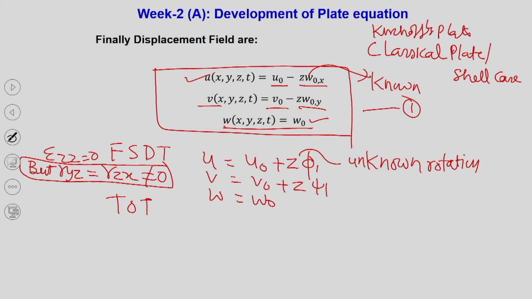So, if you have this kind of condition, then these will be unknown rotations. Similarly, in third order, you have some third order terms.